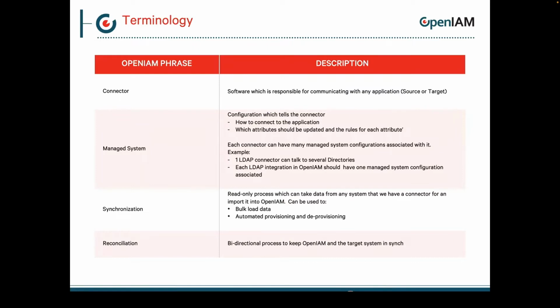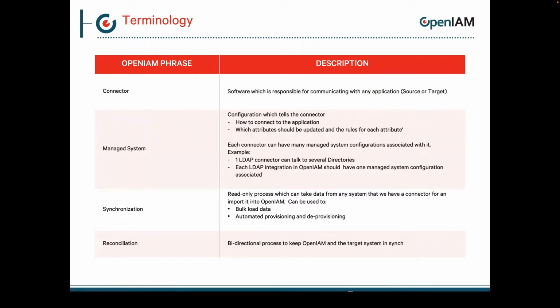Connector refers to the piece of software which allows you to talk to a type of system. For example, the Active Directory connector talks to all instances of Active Directory. Same thing with our LDAP connector, our AWS connector, and so on and so forth.